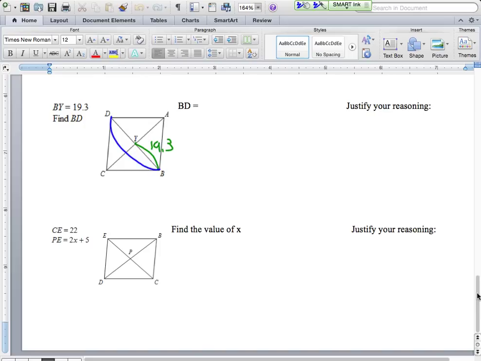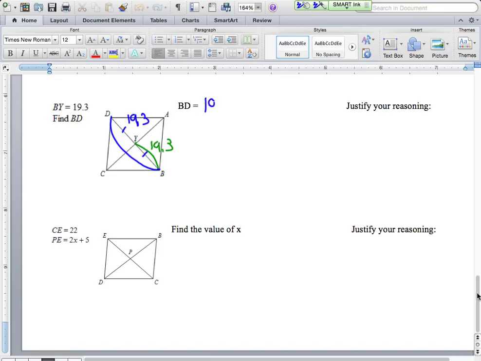So what we know about diagonals is that in a parallelogram, they bisect each other. So if CA is bisecting BD, that means this piece and this piece must be the same amount. So BY is 19.3, so is DY. So then BD is the entire thing.